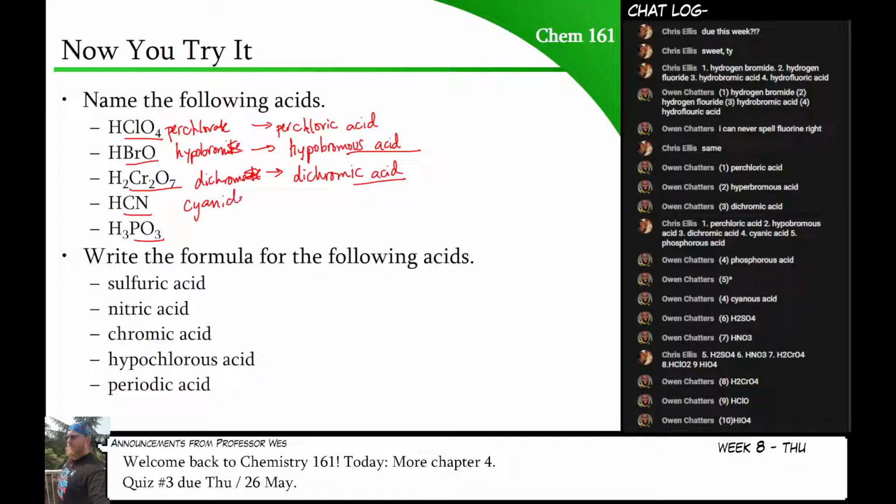That follows the ide rules that we said earlier. So this is hydrocyanic acid. And then finally, PO3 is phosphite, which becomes phosphorous acid.